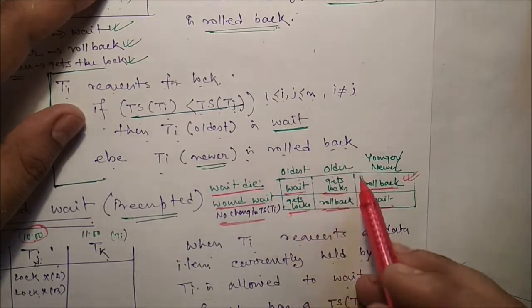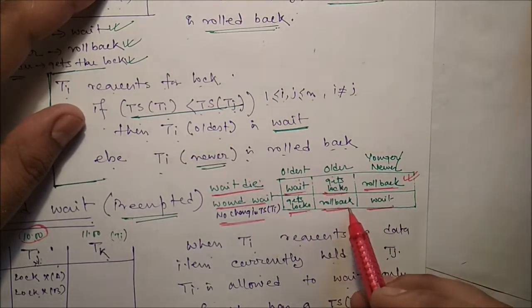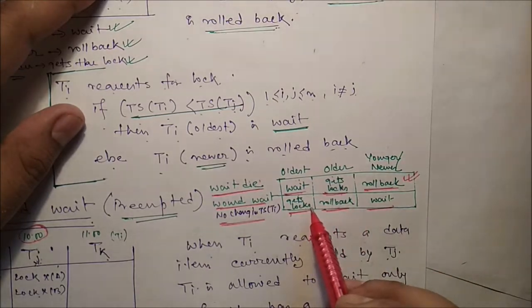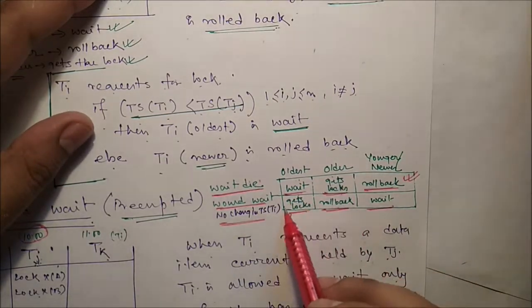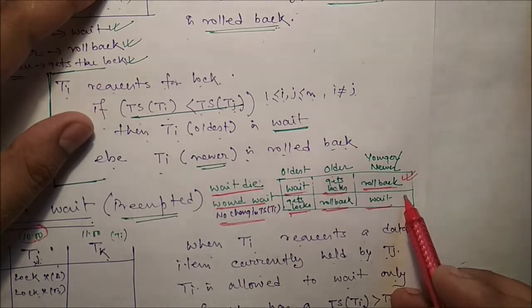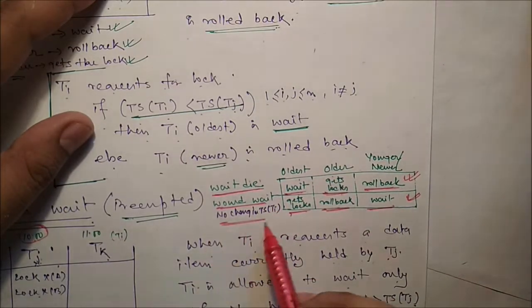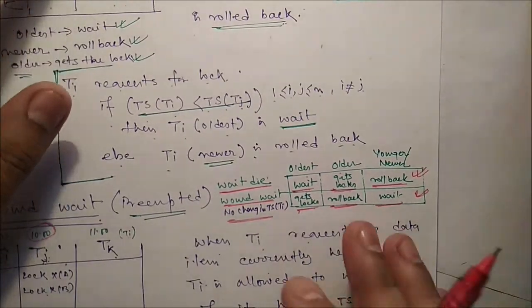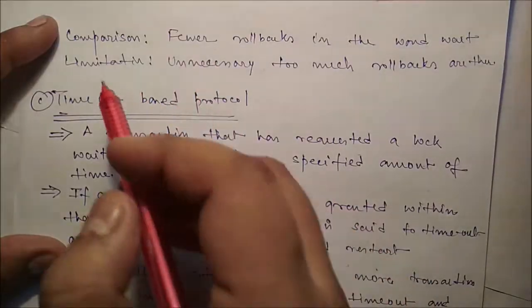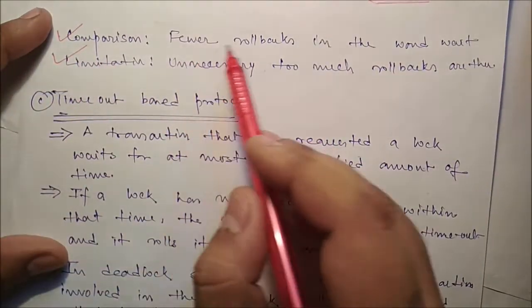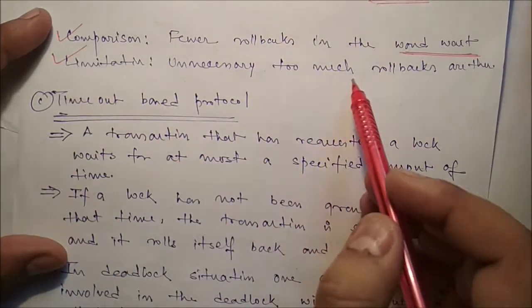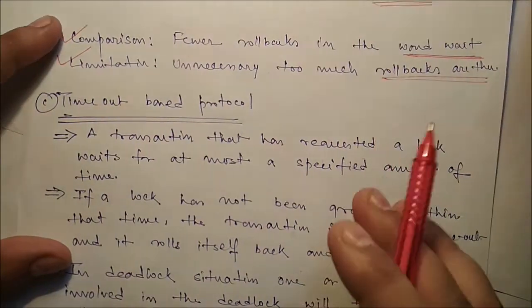So the second time it enters the schedule, that transaction gets the lock. In this way, because there is no change of timestamp, we can eliminate the starvation problem. Now you can see the comparison: fewer rollbacks in wound-wait, and the limitation is that unnecessary, too many rollbacks occur in both cases.